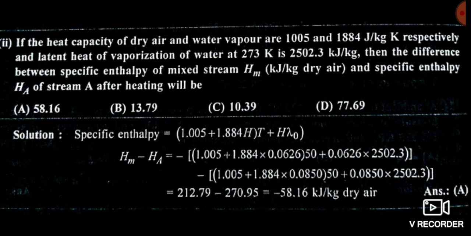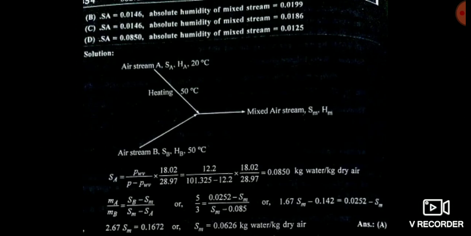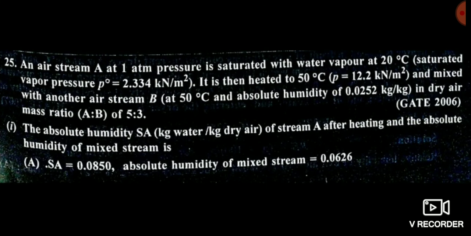And also friends, the temperature is given, that is 50 degree. Temperature is also given in the question. You see here, this is the part of the previous question only.